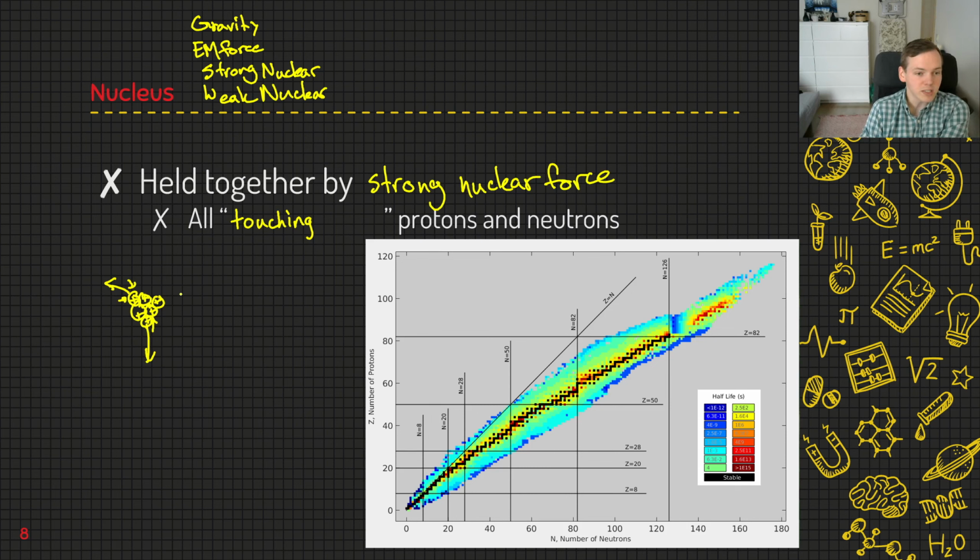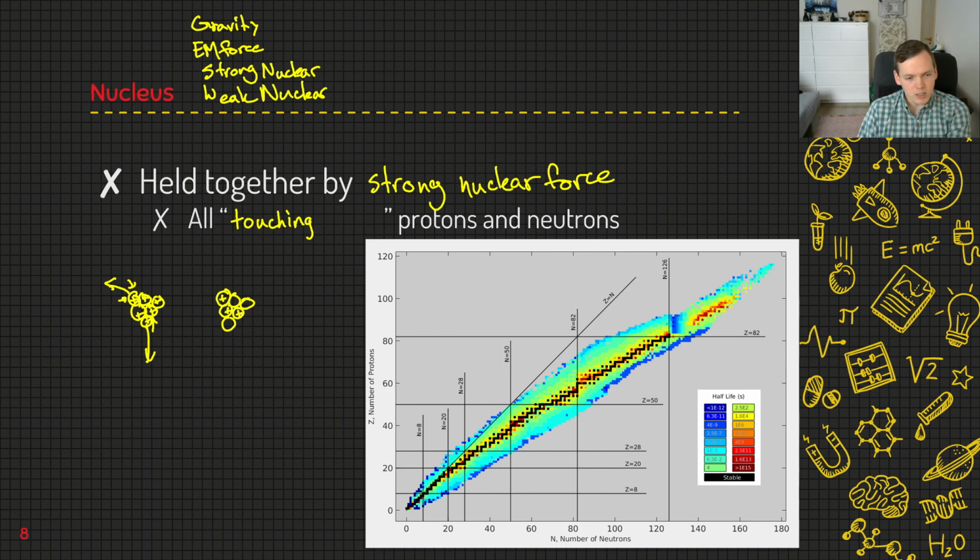So the solution to make larger atoms than 3 or 4 protons is to put in some neutrons as well. So for example, I can have that same number of particles. So we'll put 6 in here, but say only half of them are protons.